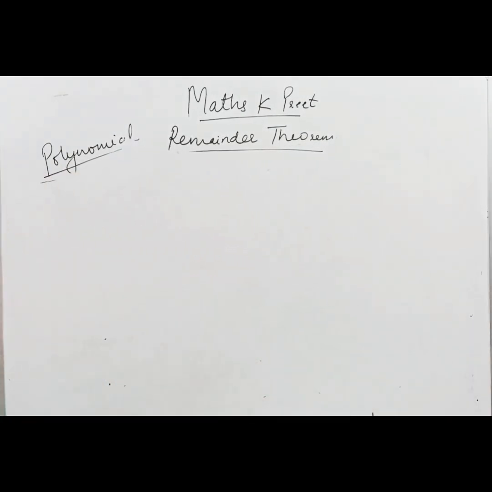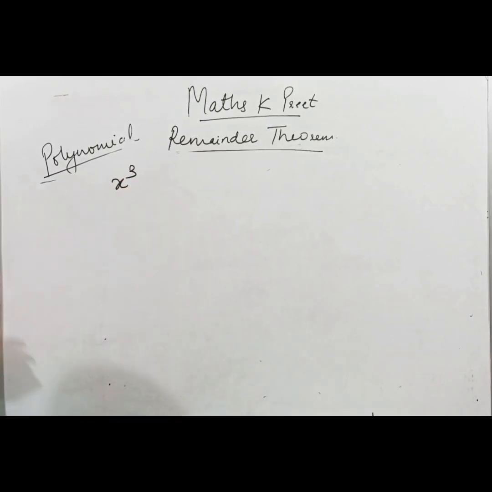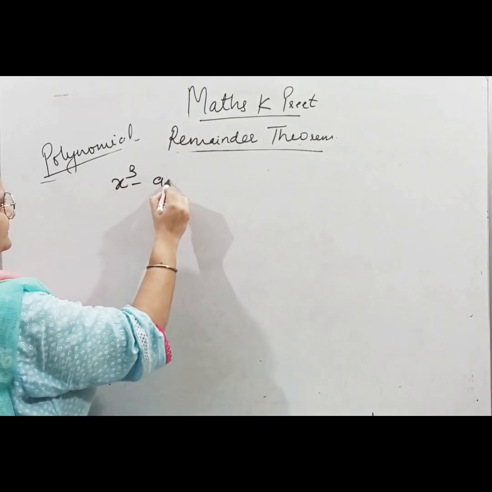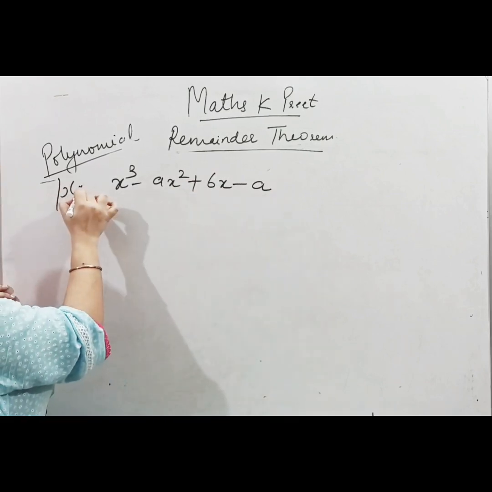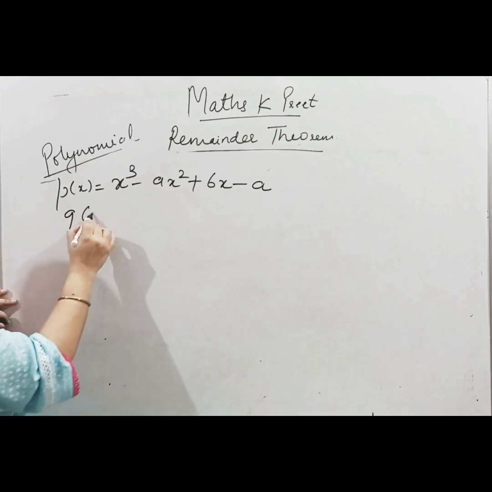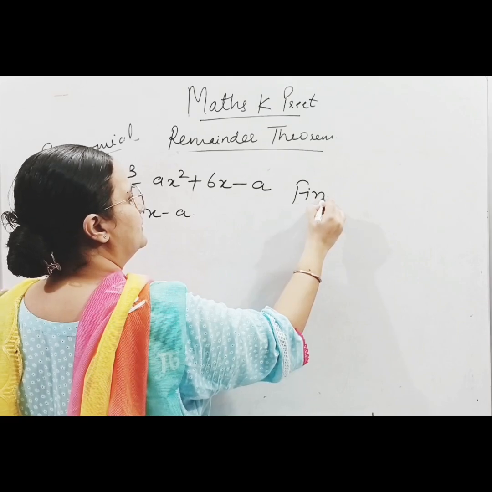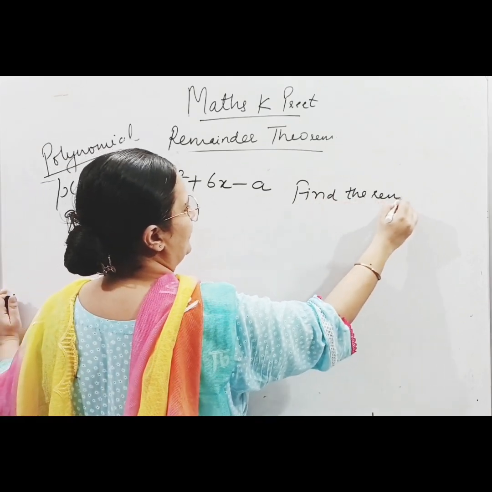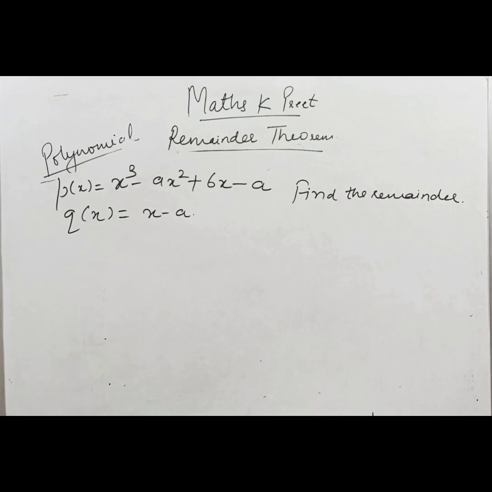For example, if I have this polynomial p(x) = x cube minus a x square plus 6x minus a, and q(x) is x minus a, we have to find the remainder. Find the remainder.